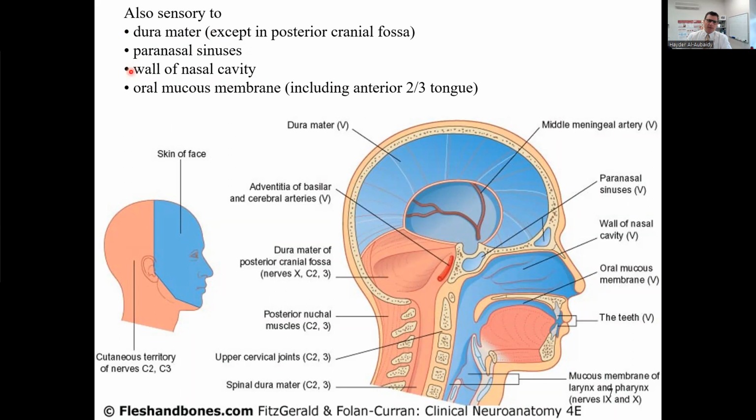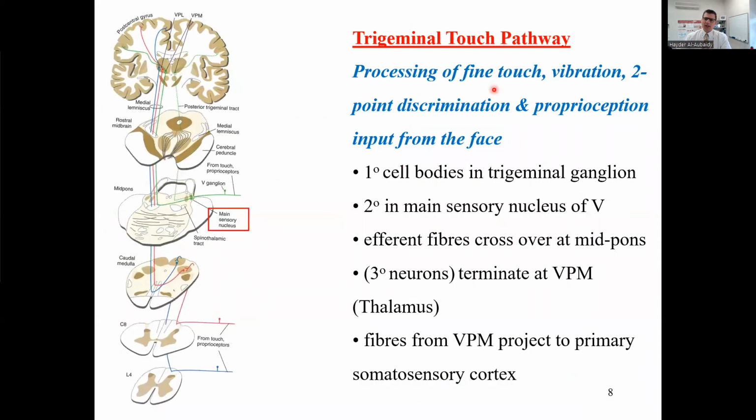It also carries sensory input from the wall of the nasal cavity, as well as the mucous membrane of the oral cavity, including the general sensation from the anterior 2/3 of the tongue. I assume that all these have been discussed in previous weeks. That's why this lecture just summarizes the information from different weeks in one PowerPoint.